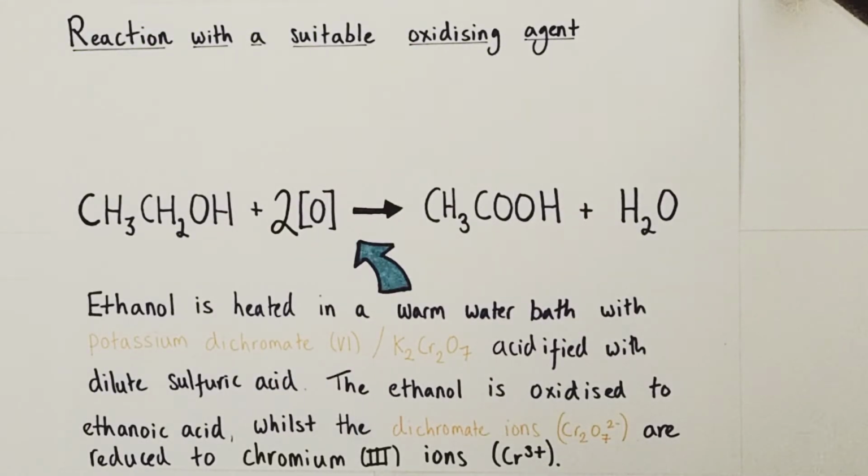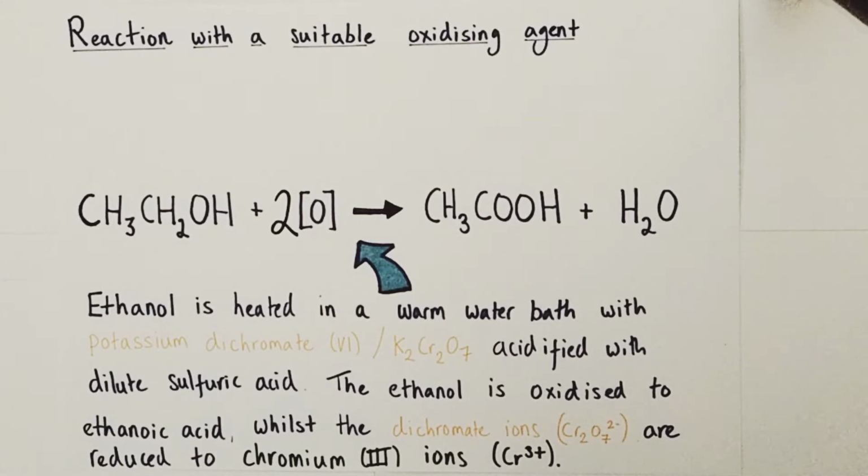Now, the more relevant example from a chemistry lesson point of view would be to use a chemical oxidizing agent to convert the ethanol into ethanoic acid. And the most common chemical oxidizing agent you will be utilizing is going to be sodium or potassium dichromate. And I've chosen potassium dichromate, K2Cr2O7, acidified with dilute sulfuric acid.